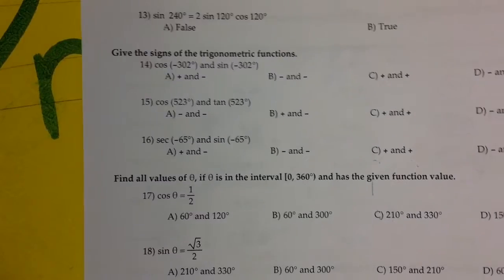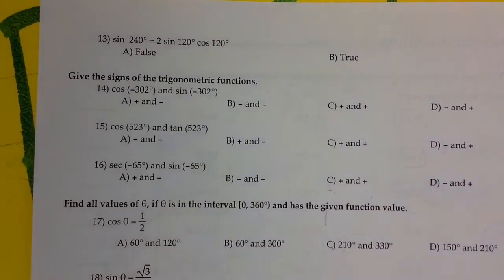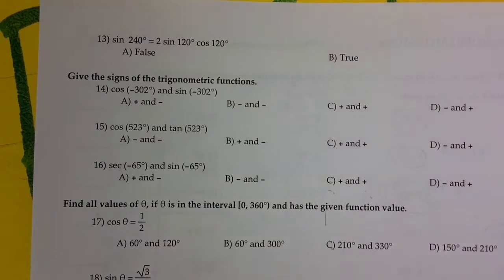Oh, yes, but wait. There's more. Let me jump to 14. Nikki B, negative 302 degrees. What quadrant is that in? Wait, negative, so I have to go backwards.